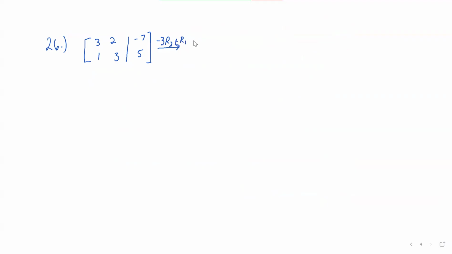All right, when it's written like this, what happens is you take the values in row 2 and multiply them by negative 3, and then add it to row 1, and that result will be the new row 1. Row 2 will not be changed, if you want to go ahead and write it out, and then just do the work.